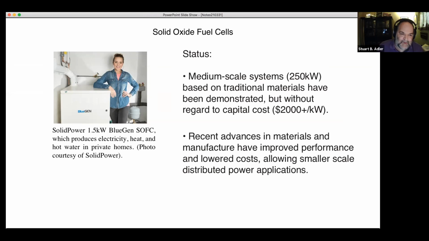The BlueGen unit is a relatively cheap home appliance. You can buy it, it goes into your house, produces heat and hot water, and it produces electricity and lowers your electricity bill. So for small-scale distributed power, it can provide the very high efficiency at small scale that people are looking for.